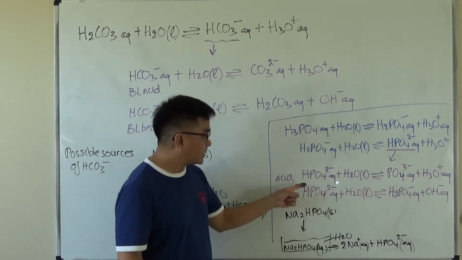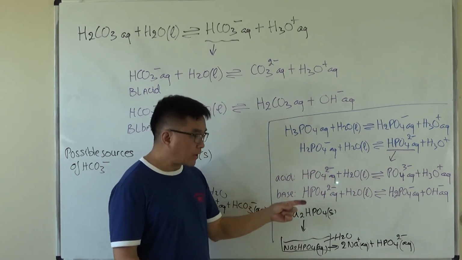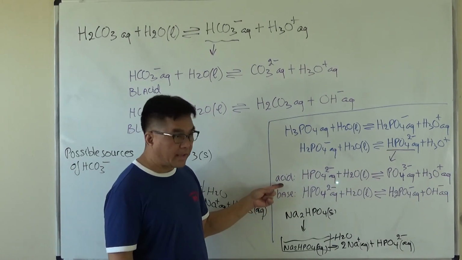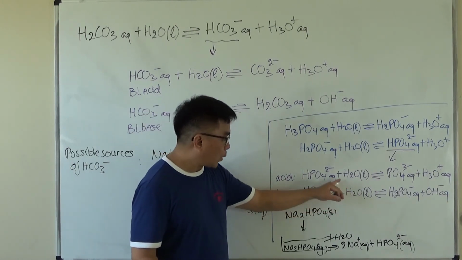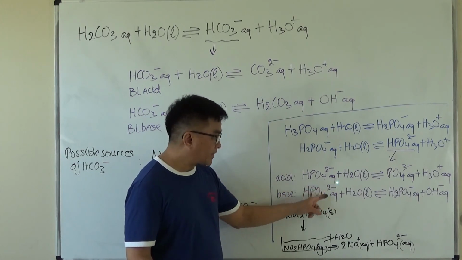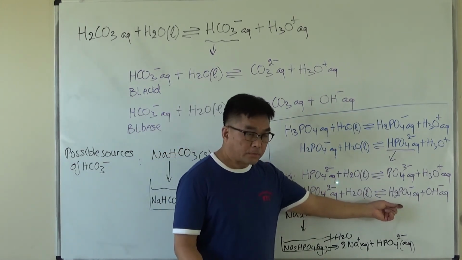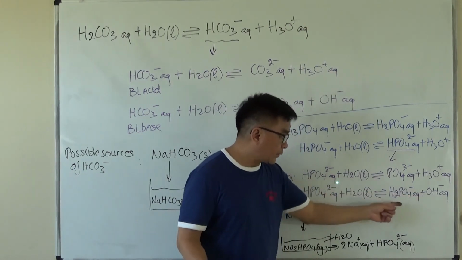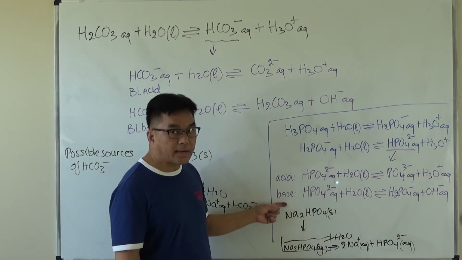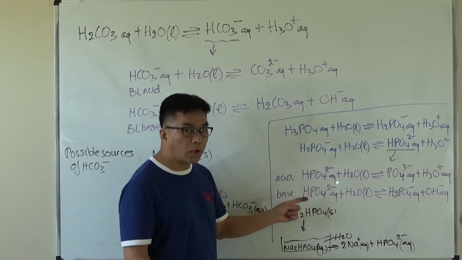So in this case, the monohydrogen phosphate acts as a Brønsted-Lowry acid, but it can also grab a proton from the water because it has a negative charge, to form dihydrogen phosphate and produce hydroxide. So in this case, it acts as a Brønsted-Lowry base because it is a proton acceptor.